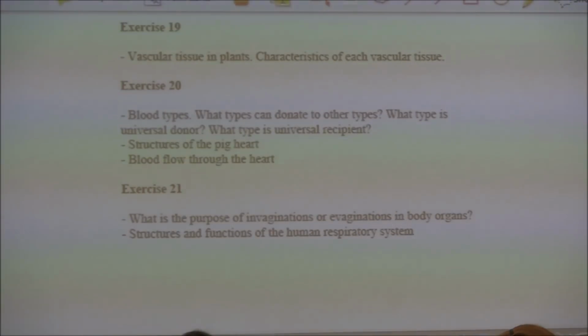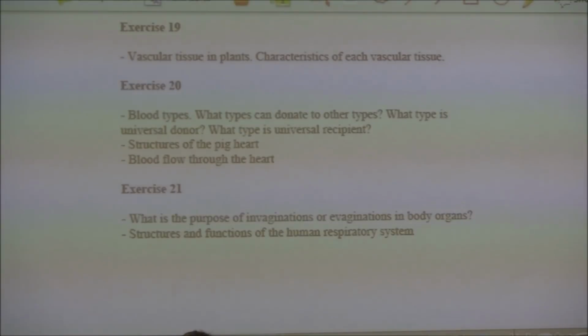Okay? So your xylem, large hollow tubes. Transports water upwards. And is non-living. Now we're talking about xylem stuff.